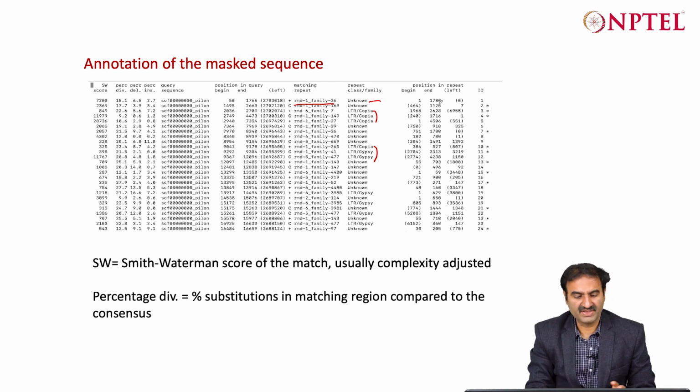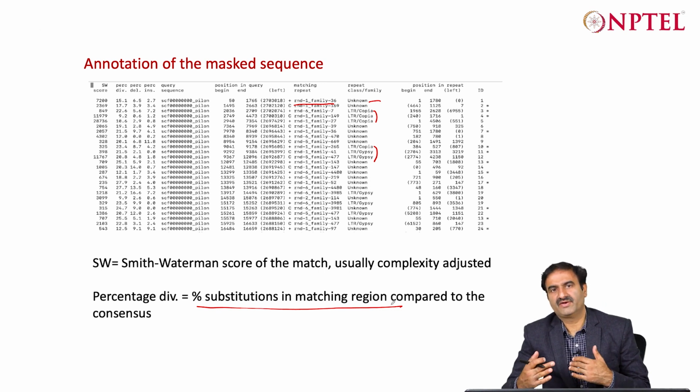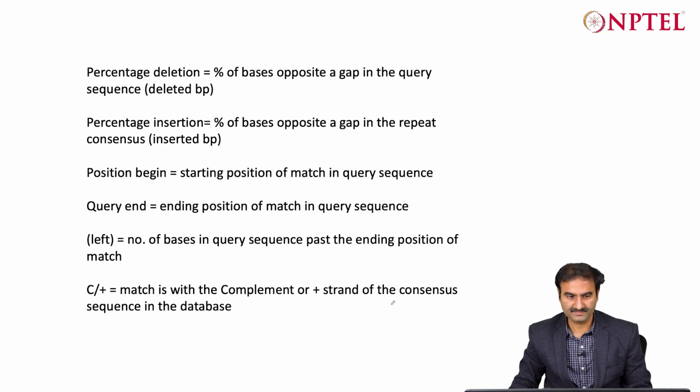And the Smith-Waterman SW score for the match, which is basically like the BLAST score. Similarly to what you got in BLAST, it tells how much the score of the match is, and the percent substitutions in the matching region, because it is not that an exact region will be matched. There will always be some substitutions or changes with reference to the query and subject.